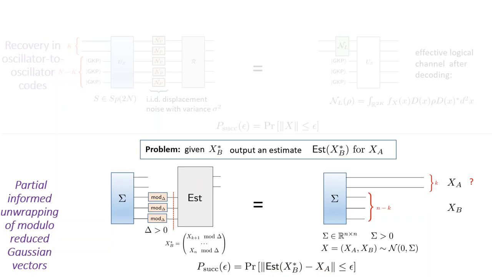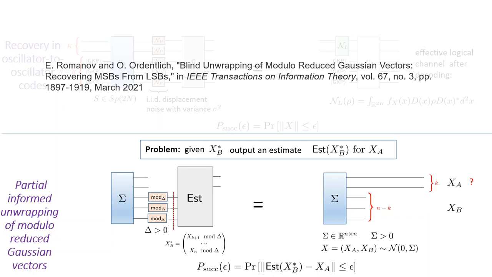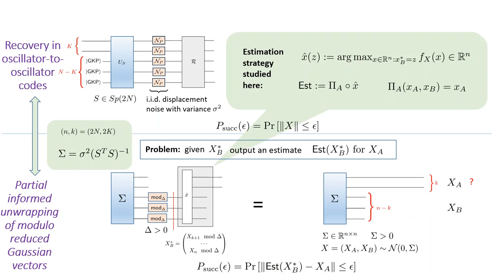Related problems have been studied in classical information theory and are of interest in settings where a signal is discretized. The quantum recovery problem and the partial informed unwrapping problem are equivalent for a certain choice of parameters and estimation strategy. This is the case when using maximum likelihood estimation to try to guess the entire vector, and then outputting the first k entries.